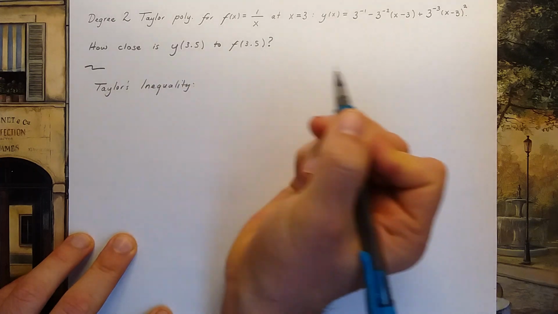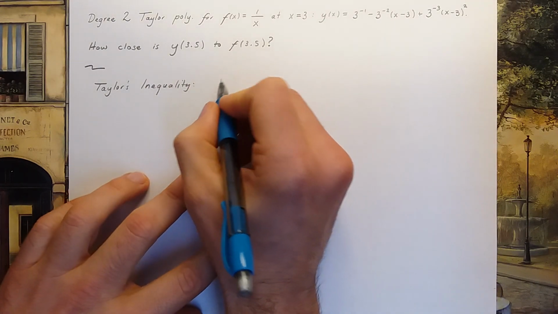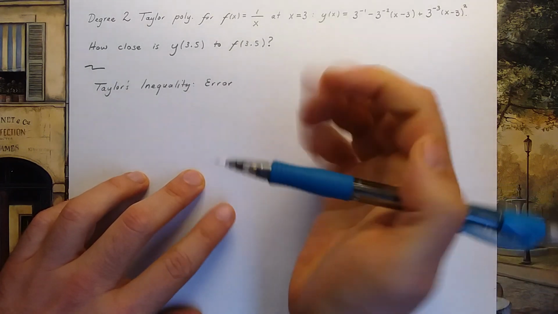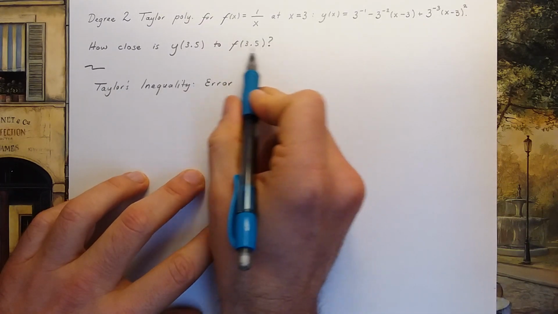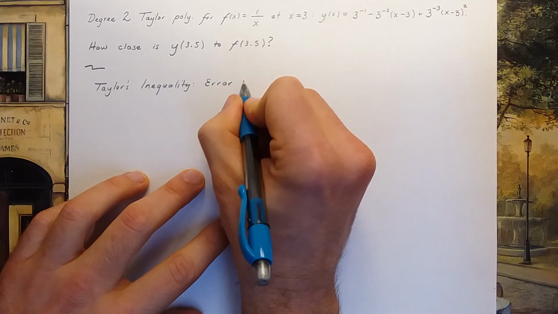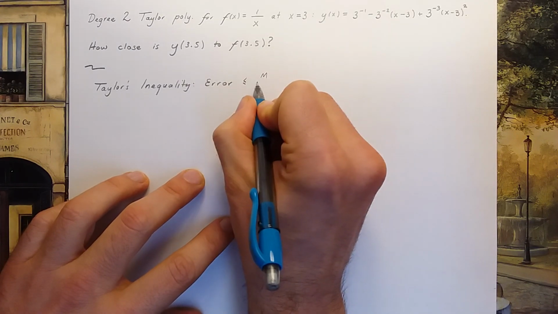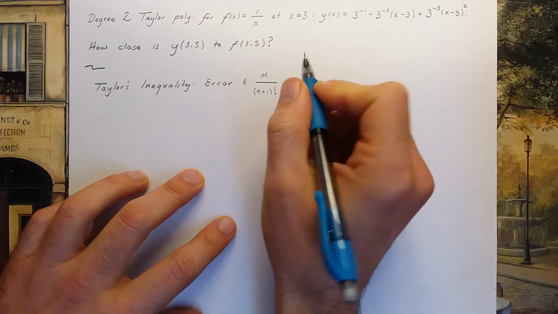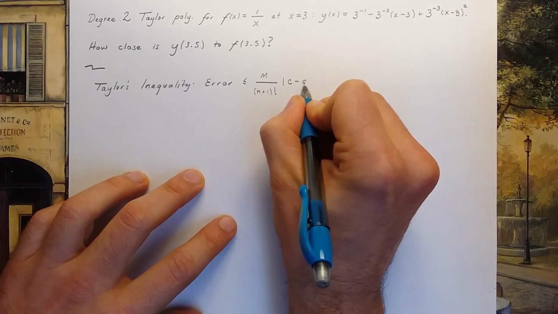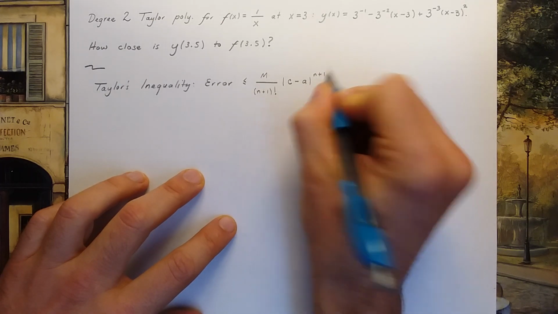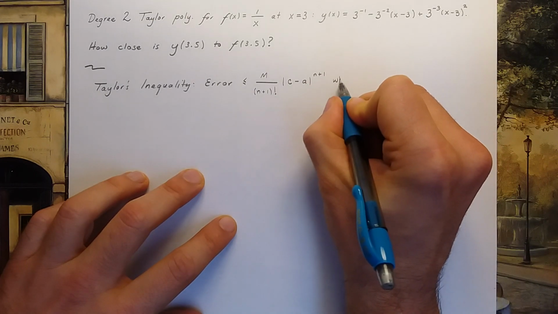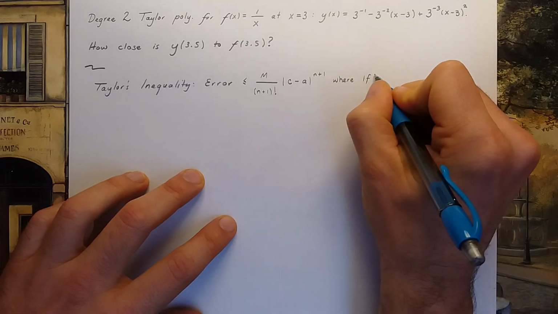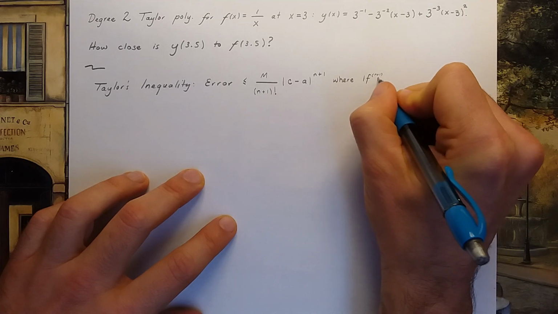I will remind you of what the statement says. The error when I use the Taylor polynomial to approximate the value of the function is going to be less than or equal to M over n plus 1 factorial times c minus a to the n plus 1 power, where this M value is anything that satisfies the following condition.